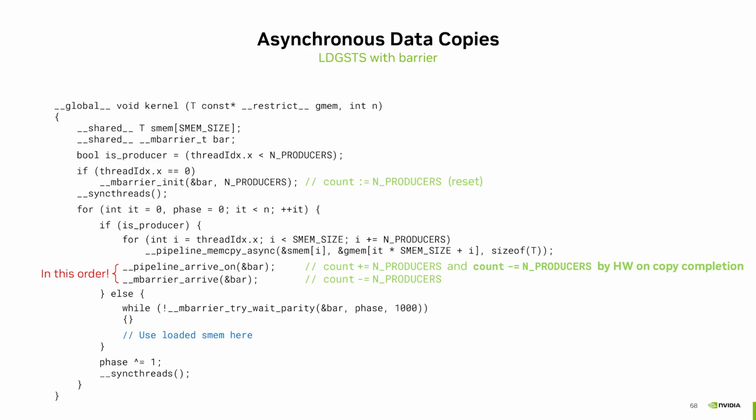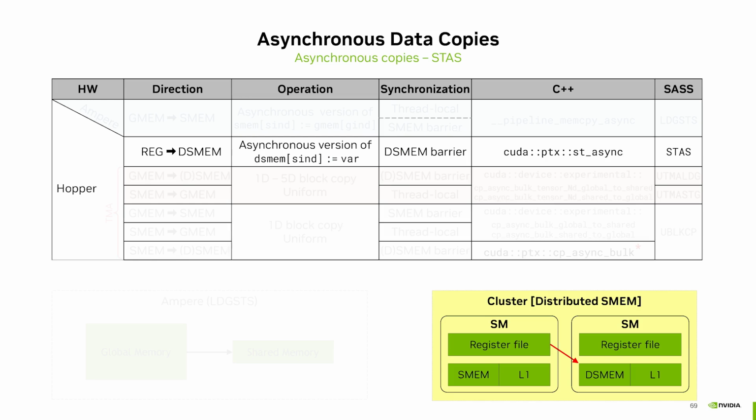Okay, here I was going to talk first about Hopper copy from registers to distributed shared memory, but for the sake of time, I'm going to skip this now, and if time permits, I'll get back to this operation later at the end of my presentation.